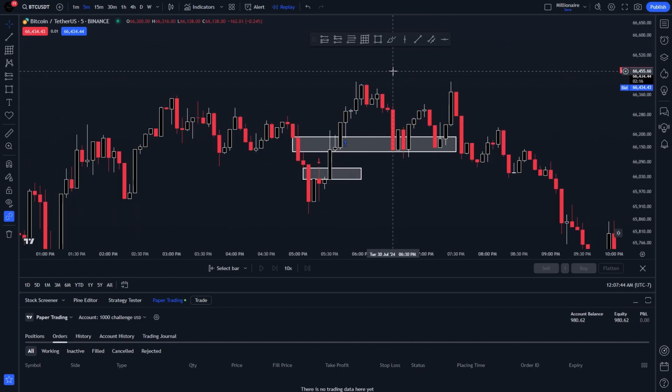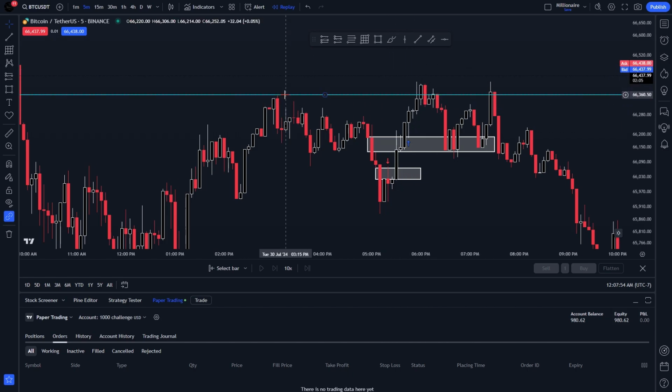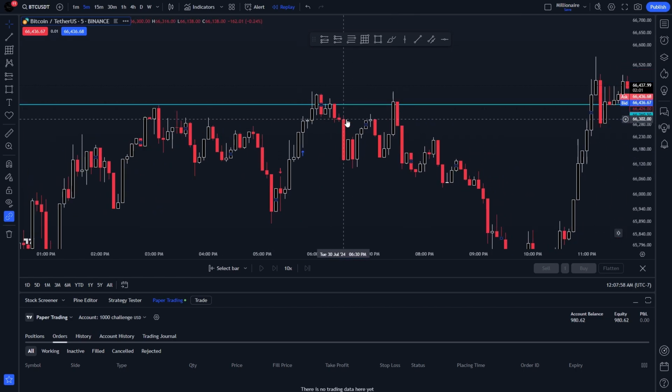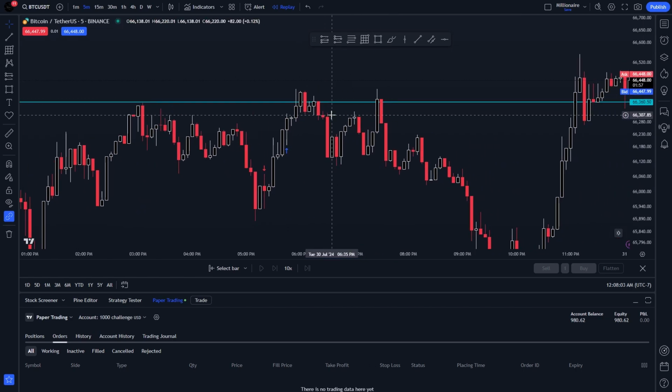So a trade that I should have done, because in this trade I did not use a liquidity sweep. I probably should have waited for one. As you can see right here, we do get a liquidity sweep. We swept this high right here. So if I waited a little bit and took this trade right here instead, as you can see, we sweep this high right here, and then this fair value gap does not get respected right here.